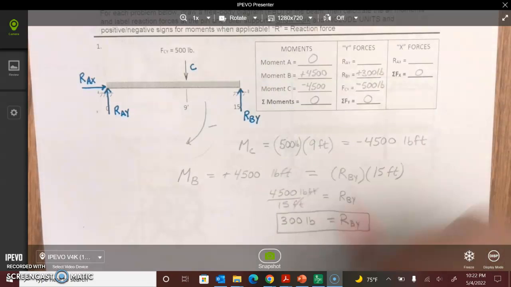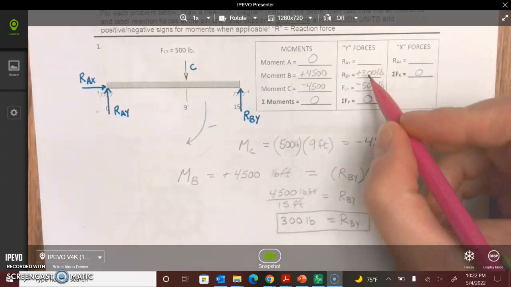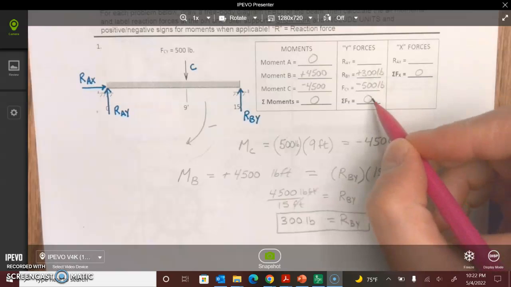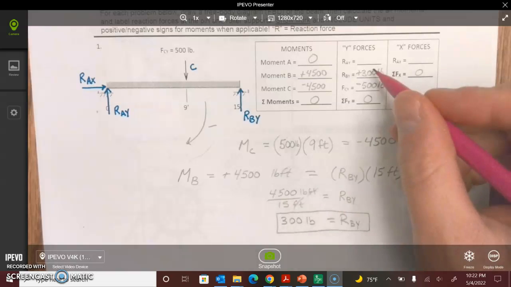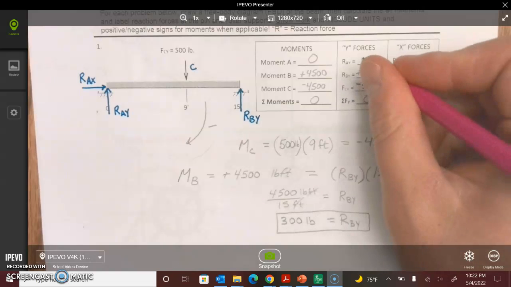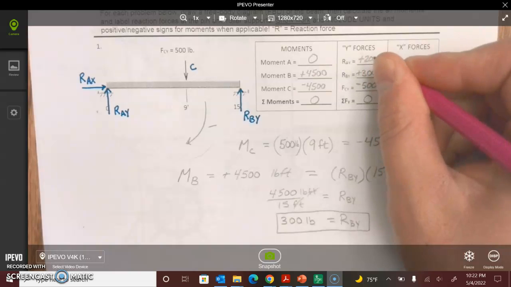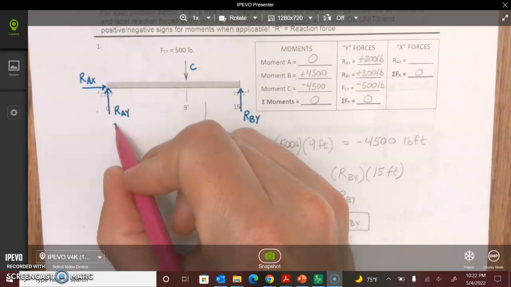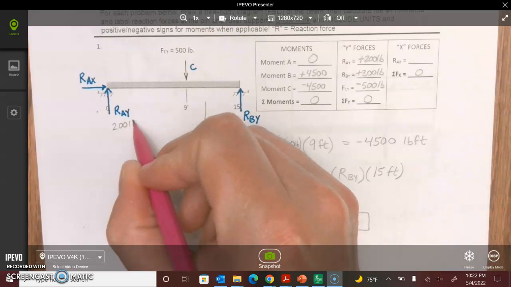Well, what plus 300 would balance minus 500 to give us 0? In other words, what plus 300 would give us positive 500? Well, we know that's positive 200.